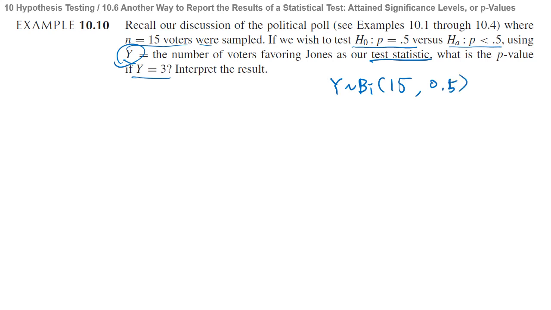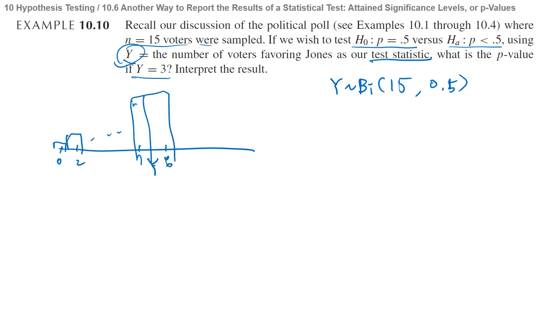So the distribution of Y, centered around 7 or 8, would be something like this, and the rejection region would be somewhere here: Y less than k.